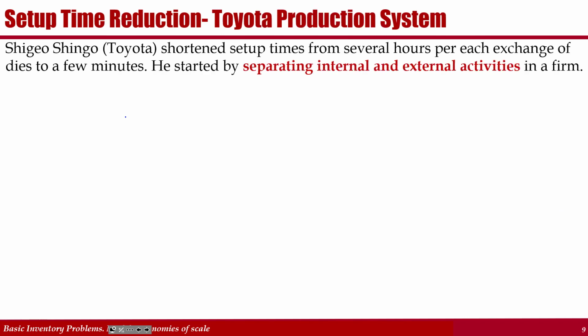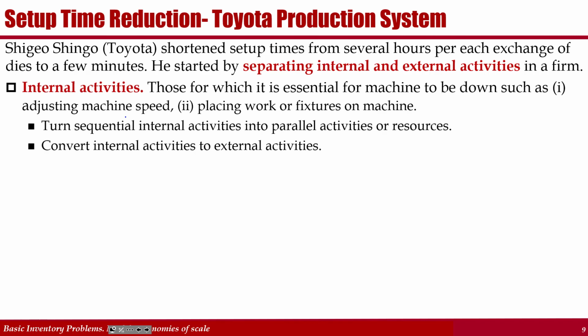In Toyota, they reduced setup time from several hours to several minutes. One important thing they did, they separated internal and external activities. Internal activities in setup time are those for which it is essential to have the machine stopped.